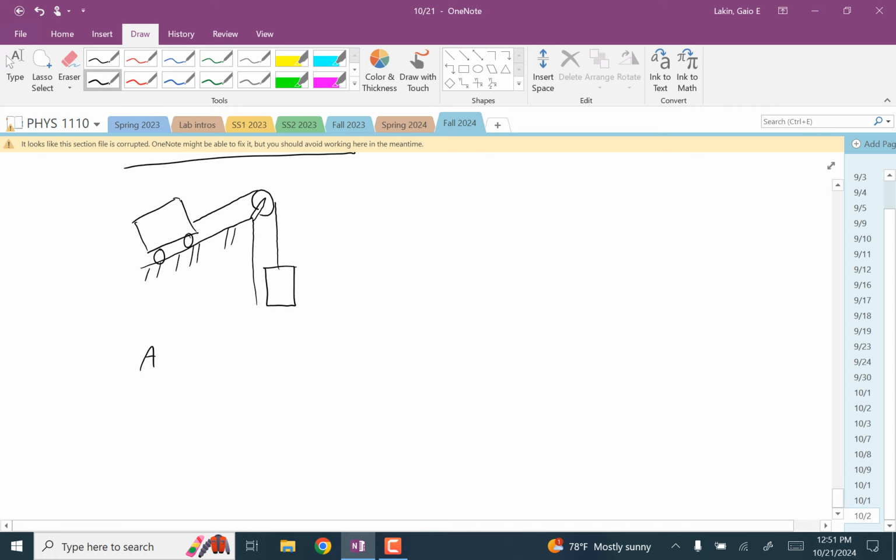And the approach that we're going to use is first we're going to isolate one body. First body to isolate.